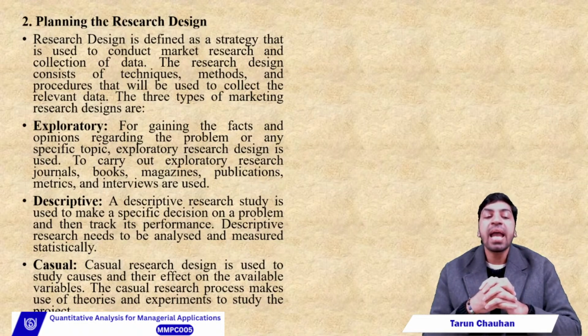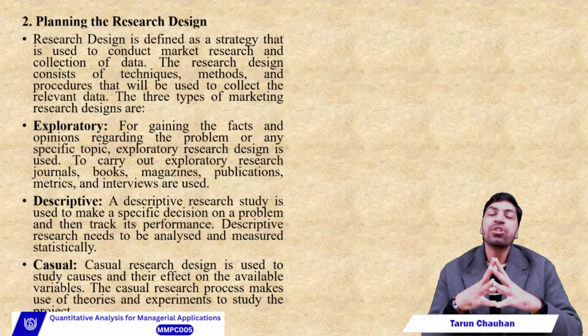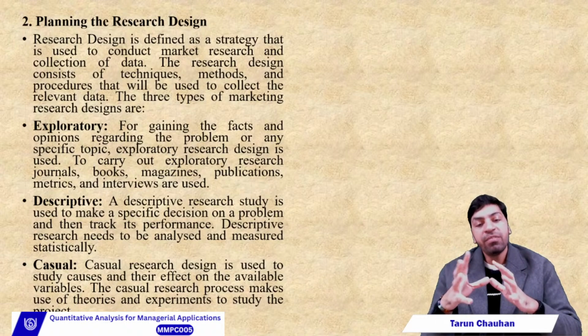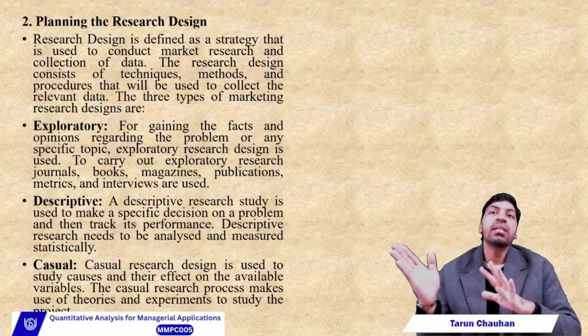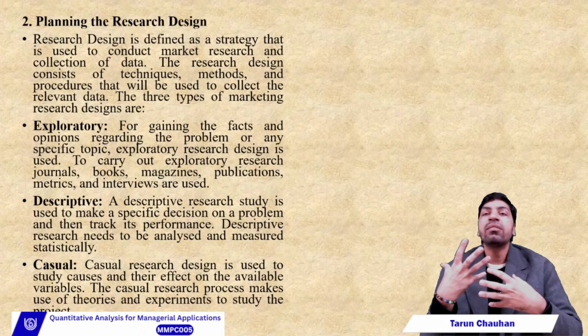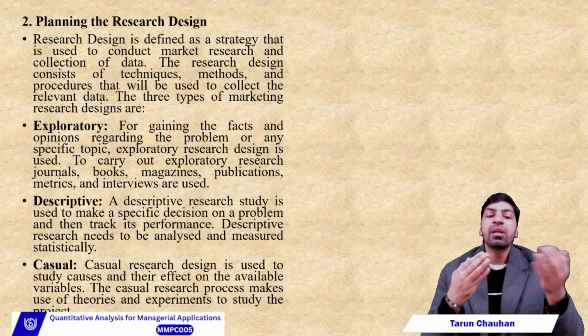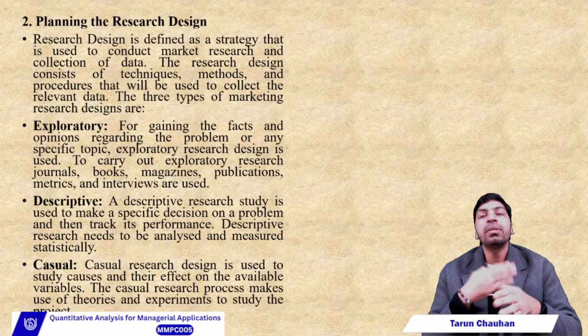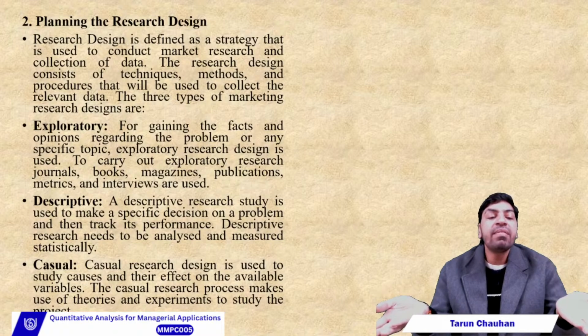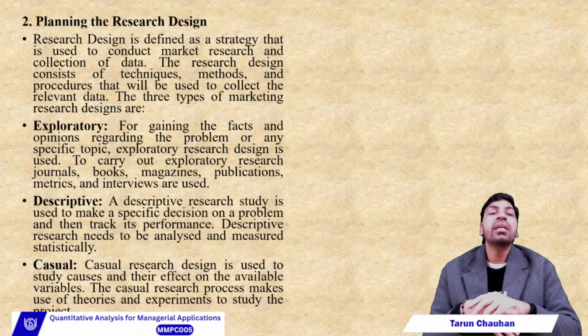Causal research design is mainly used to define a causal relationship between two or more variables or the available variables. For example, age and education, and we need to find out the cause and effect relationship between these two variables. That's called the causal research design.